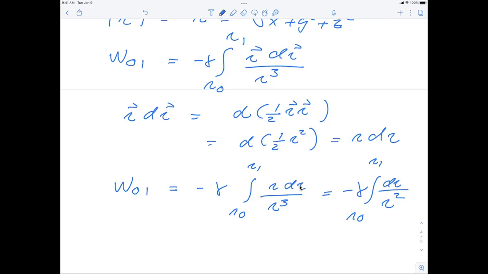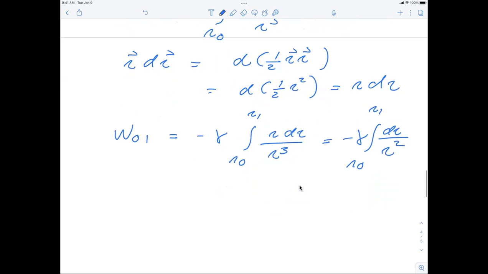Because we know the derivative of 1 over r gives us minus 1 over r squared. So when we integrate up, we should get 1 over r. So in our case, this is now equal to gamma divided by r, and then we have to take the limits r0 to r1.